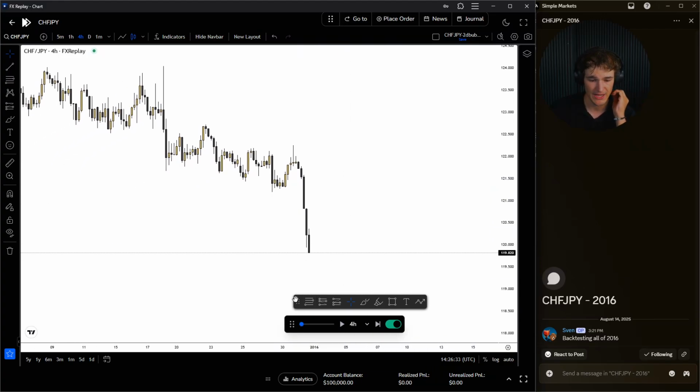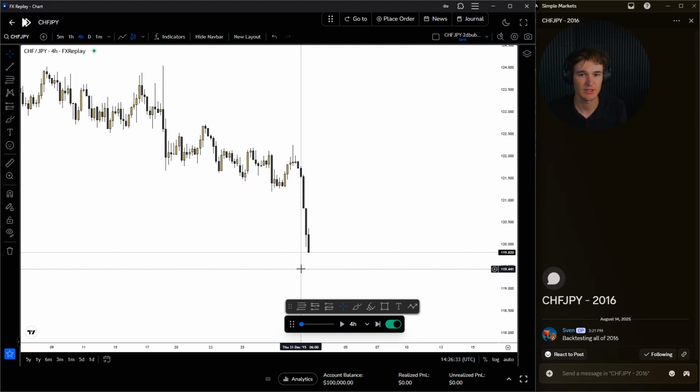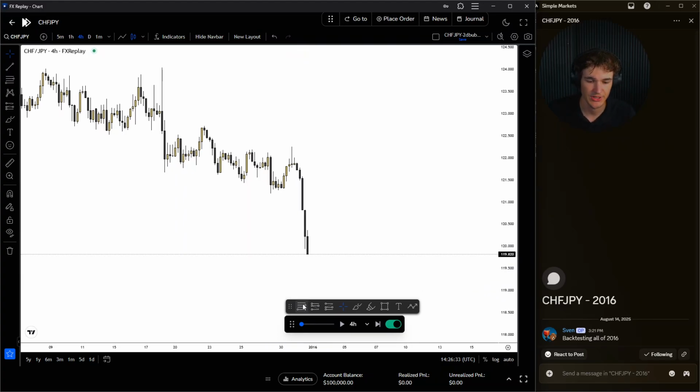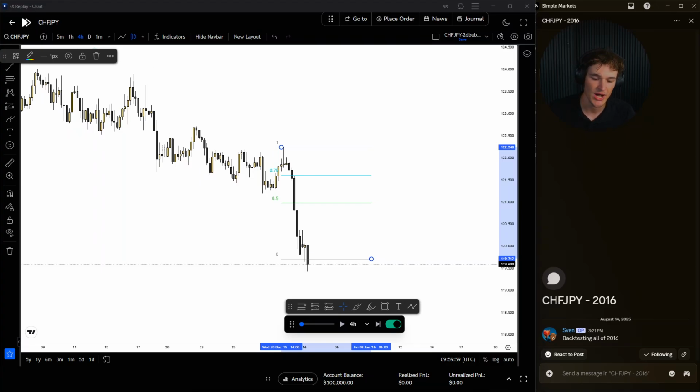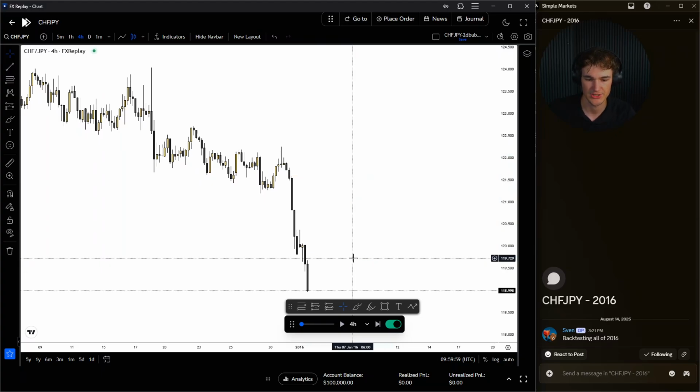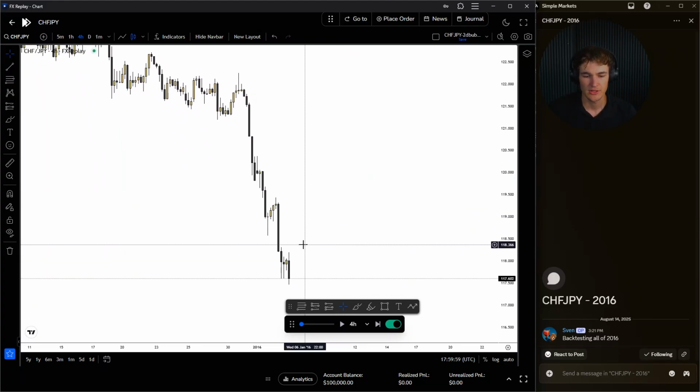Doesn't mean you should skip out on them. Just means that if you're testing them all at the same time, you're going to get 4 or 5 times the same results, or at least very similar results. And that's not what you want, especially in the early stages of your backtesting journey. You don't want to have trades that are all the exact same. All right, enough talk. Let's get right into it.